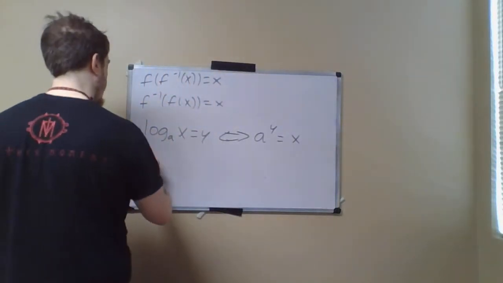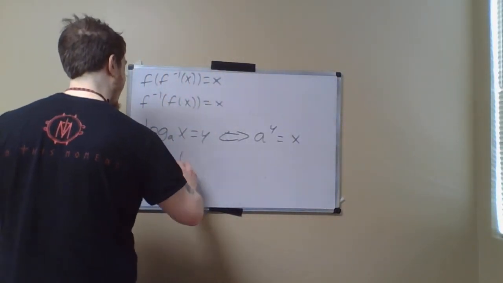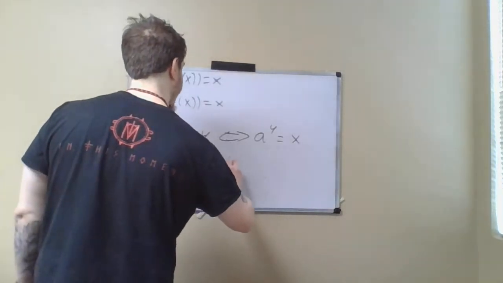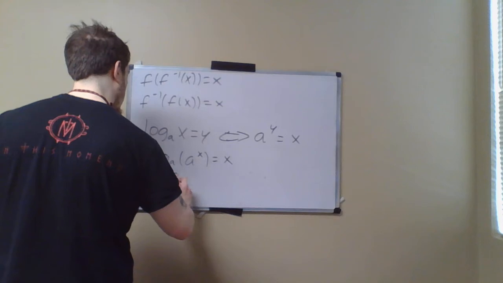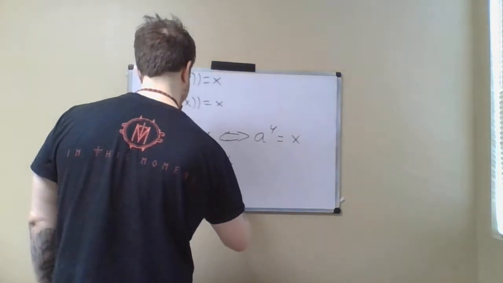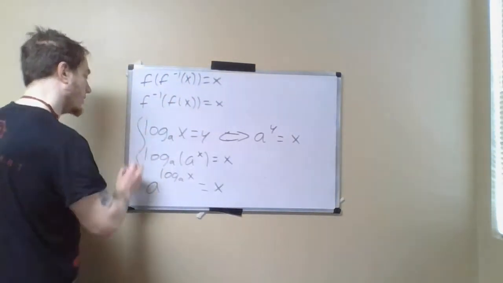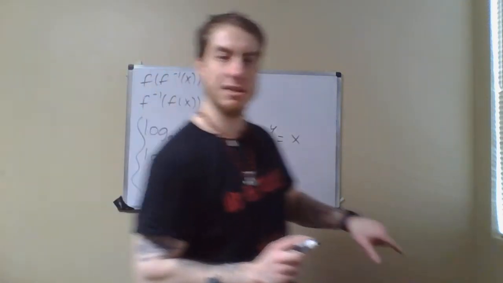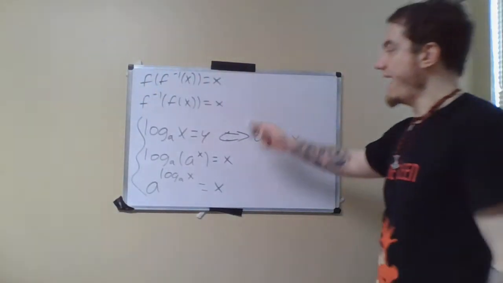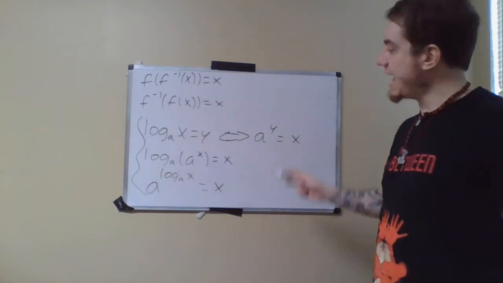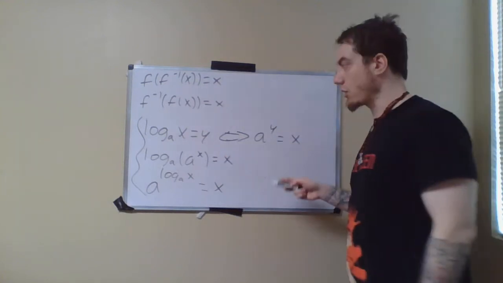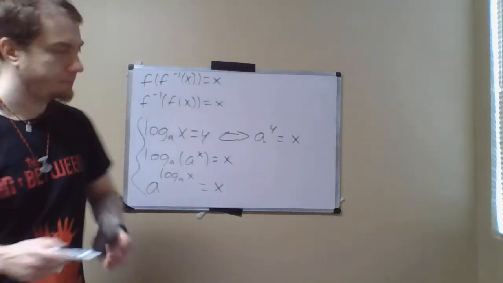Another way of thinking about this is that the log base a of a to the x is equal to x, and a to the log base a of x is equal to x as well. So these three different ways of writing stuff out, any one of these three is equivalent to the other two, and they define the logarithm functions.